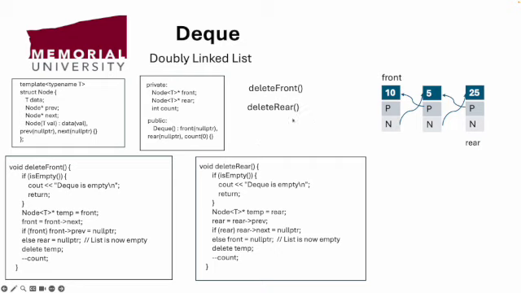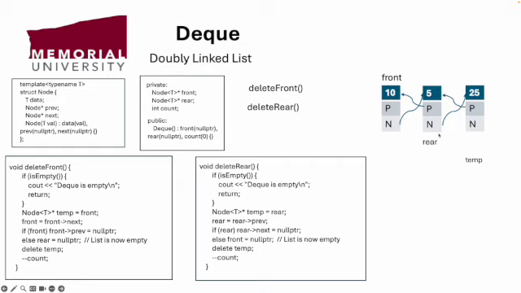Doing the delete rear, okay? So this Deque is not none. We create a temporary pointer pointing to this node. Rear's prev, right? We move the rear position from here to here.